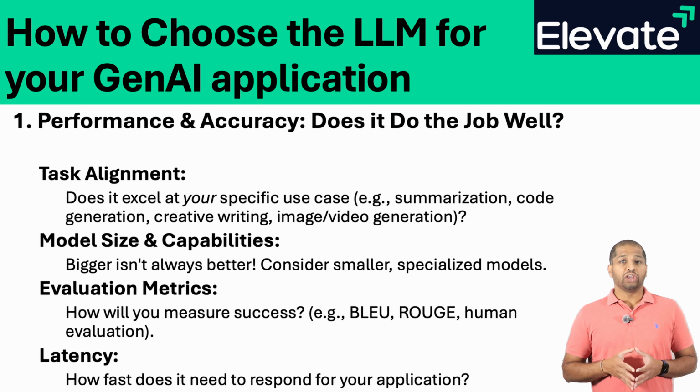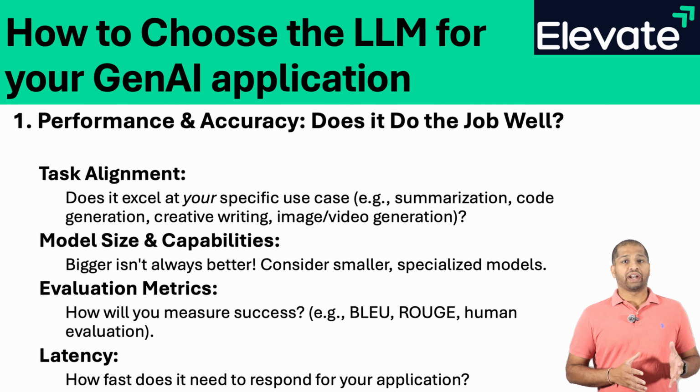For instance, if your application needs to summarize complex technical documents, you will look for an LLM that excels at factual extraction and conciseness. If you are generating creative marketing, you will prioritize models known for their fluency and imaginative output. If you are looking for video or image generation, you will look for a model specialized in that.